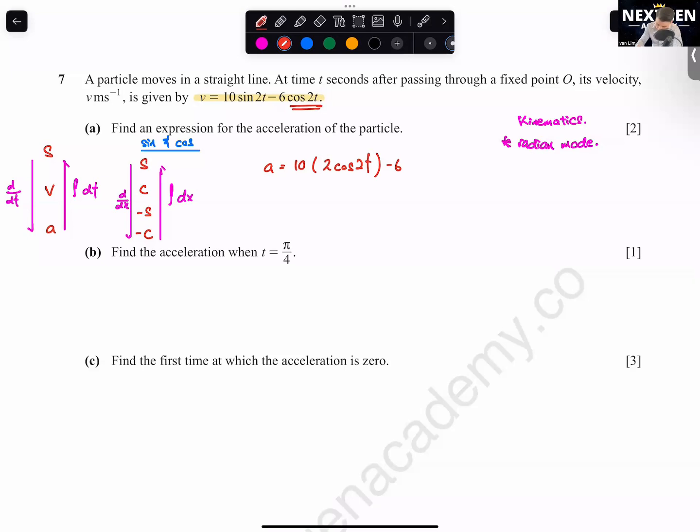Cos gives you minus sine, so minus 2 sine 2t. Or in your head, you calculate it as minus cos 2t. This is up to you, and the outcome will be the same. It's really how you are integrating it. So your final answer will be 20 cos 2t plus 12 sine 2t.